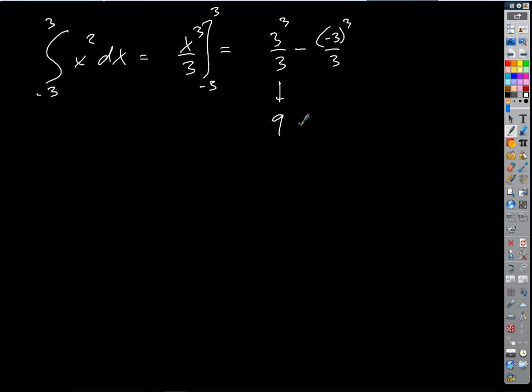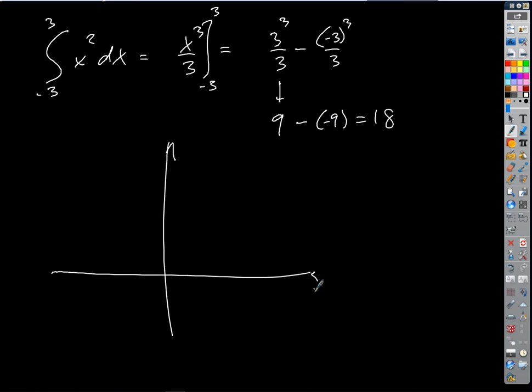So we're going to get 9 minus, what's -3 cubed over 3? -9. 18. Okay. Is it an accident that I got the same number here as I got here when I subtracted the negative? It's not. If I have symmetric limits, let's look at why that might be.